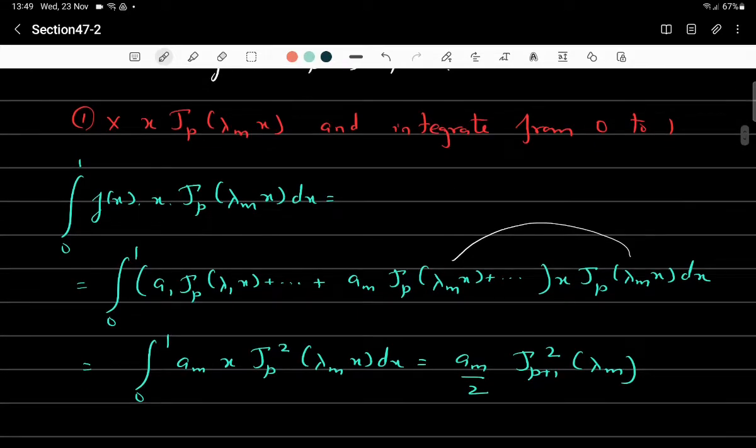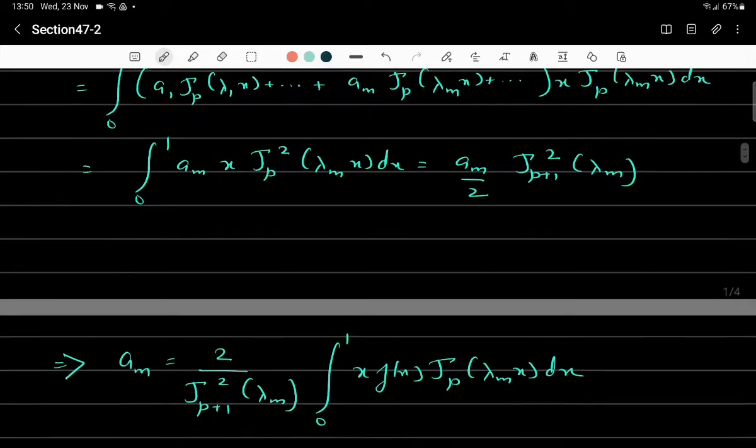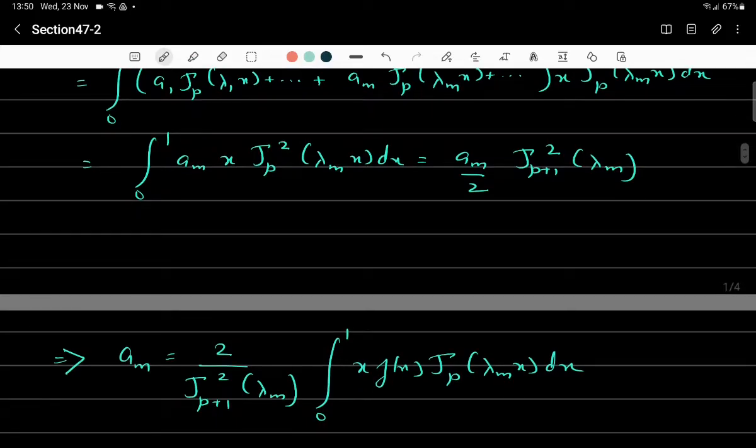That's why the right hand side would become am/2 Jp+1 squared of lambda m. And if you take the other terms on the other side, then your am can be easily computed. So this is your am.